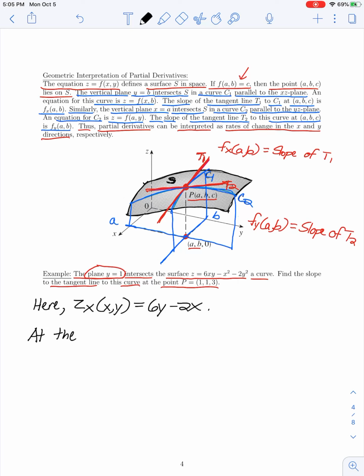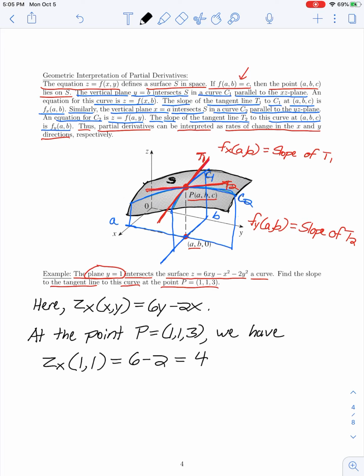So at the point P, defined by (1, 1, 3), we have the partial derivative of z with respect to x at (1, 1) would be 6 minus 2, or 4. And this is the slope of that tangent line to the curve of intersection of our plane with this surface at the indicated point.